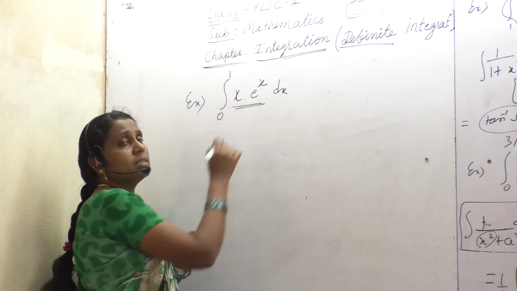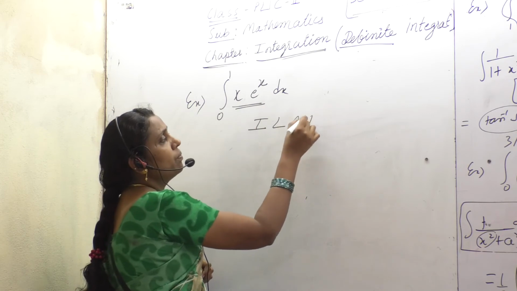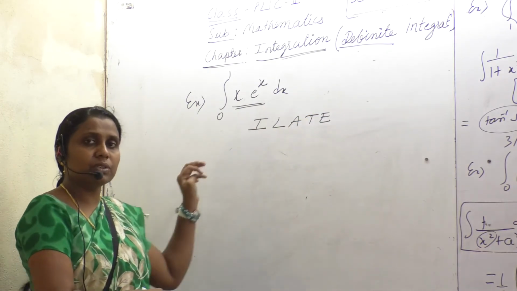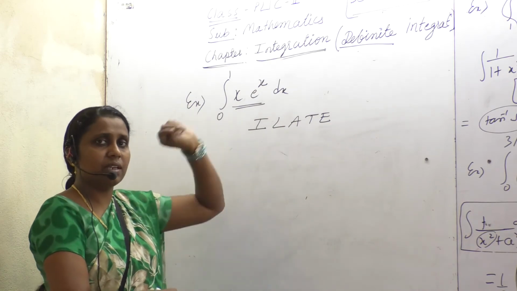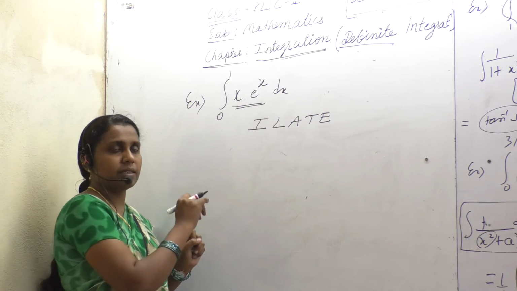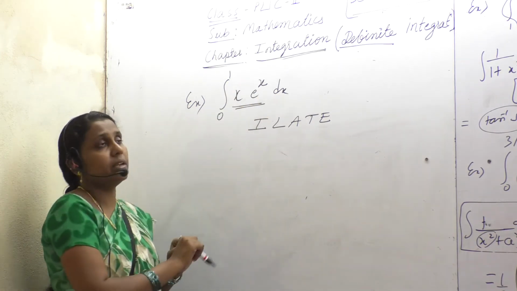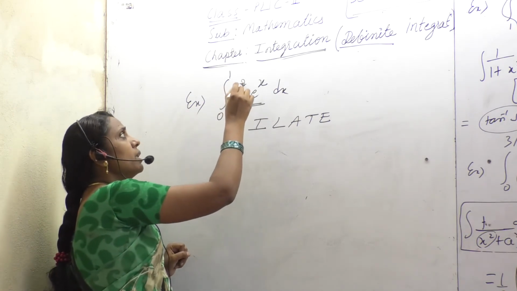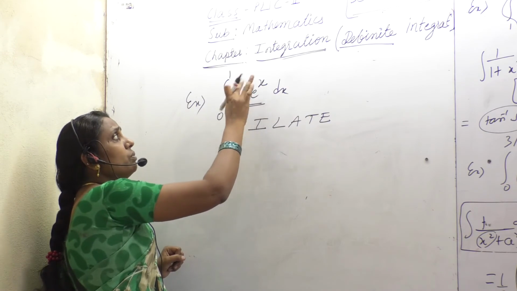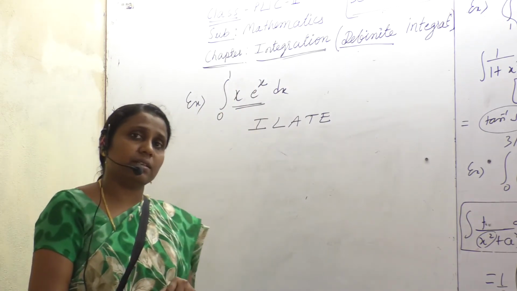You must be knowing, the ILATE rule. I will tell you one more advanced rule, the Bernoulli rule, which will be very helpful for your CET questions to get the correct answer directly and quickly. Even if it is x raised to 2, x raised to 12, x raised to 20, the simplification will be very easy using one more rule, which we will discuss later.